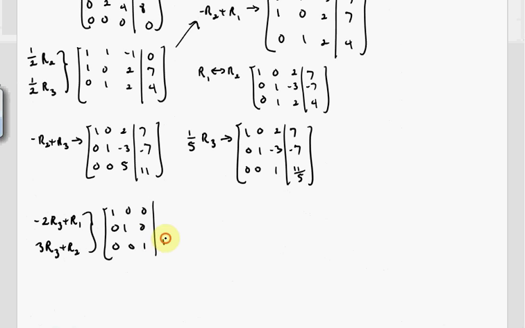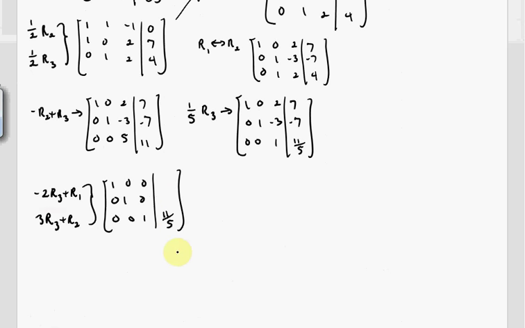Well, that 11/5 stays the same. So the first thing we said was negative 2 times 11/5 plus 7. So negative 2 times 11 over 5 plus a 7. So that's negative 22 over 5 plus 35 over 5.